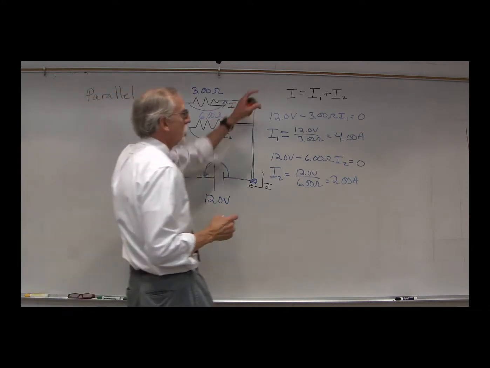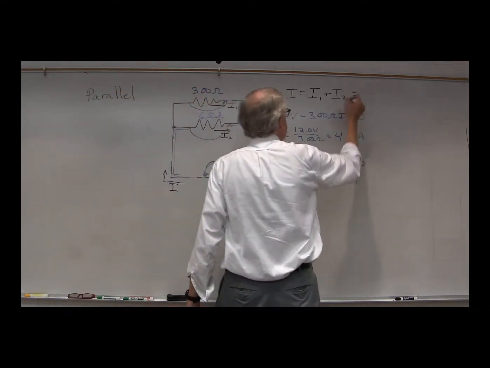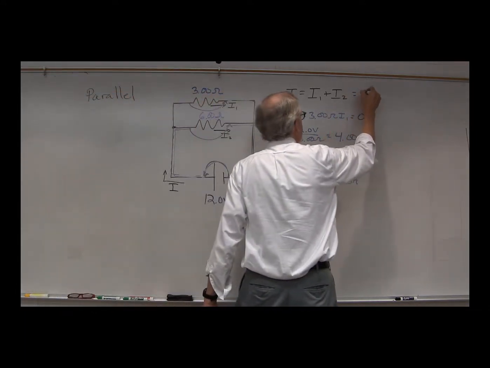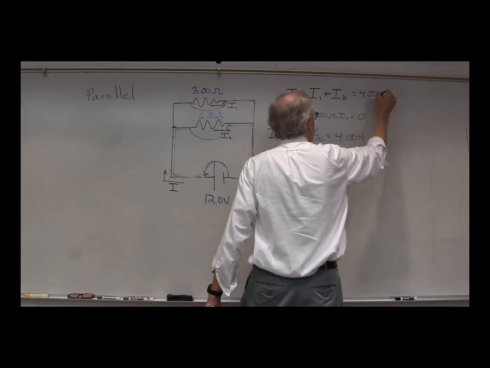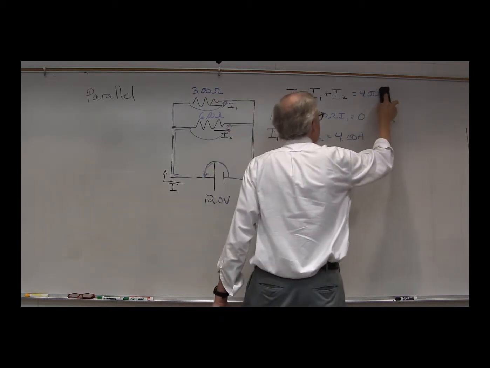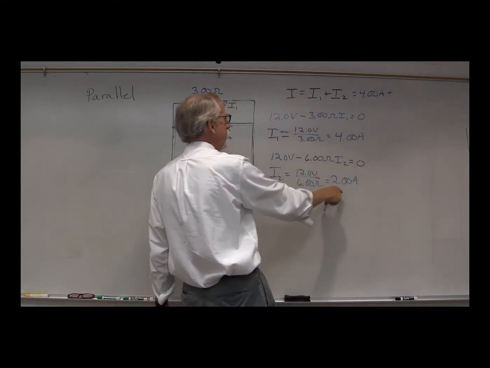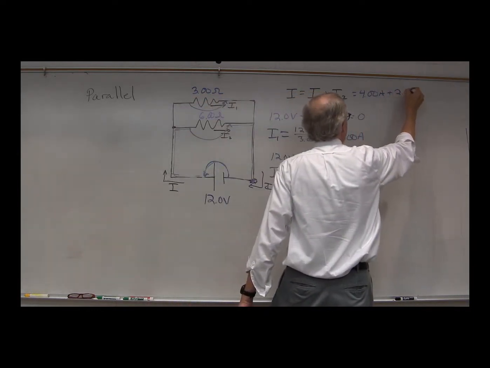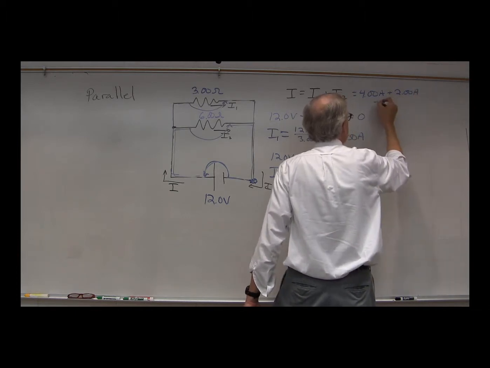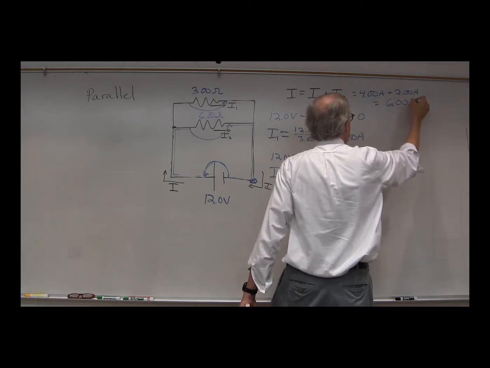What's the total current? Well, the total current is I1, 4 amps, plus I2, which is 2 amps, which is 6 amps.